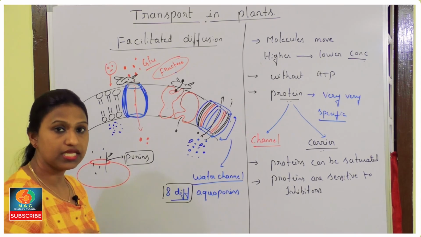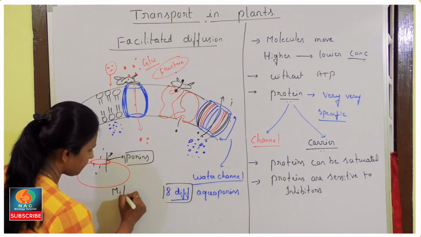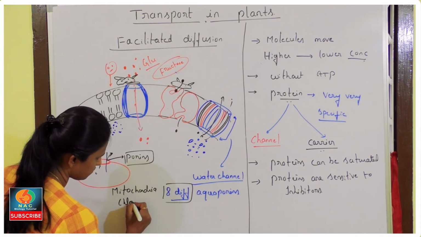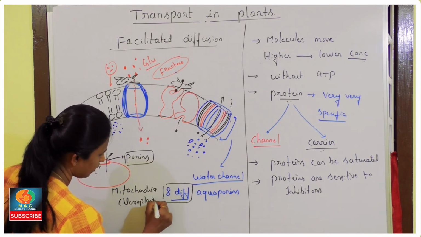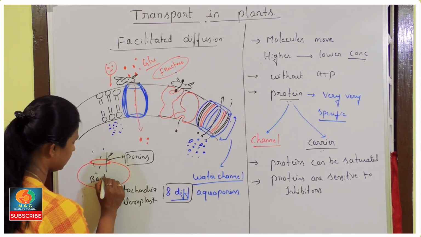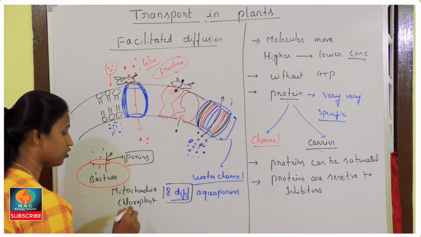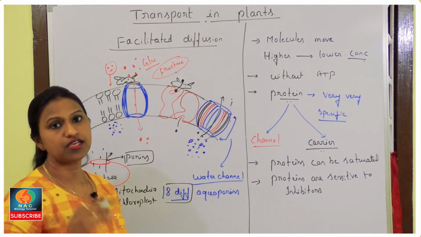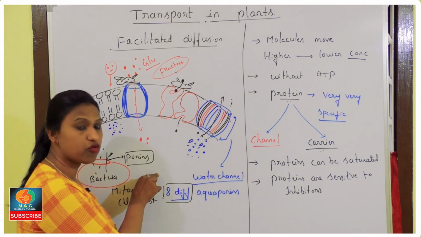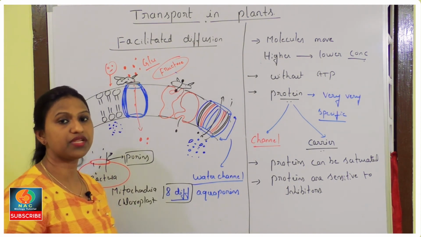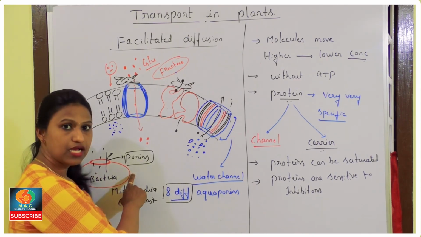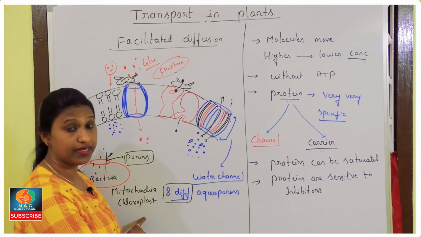These porins are found even in mitochondria and chloroplast, not only in bacterial cells, because earlier mitochondria and chloroplast were also considered prokaryotes. Once again this would be a NEET question: where do we find porins? Porins are transmembrane large pores present on bacteria as well as in mitochondria and chloroplast.